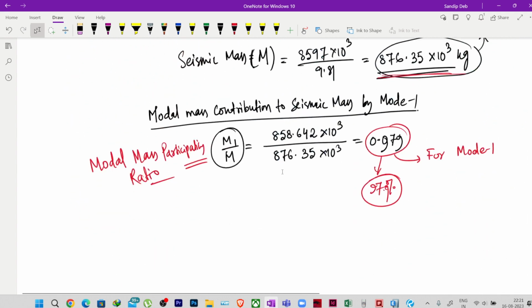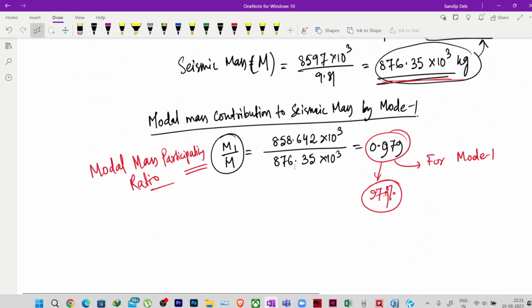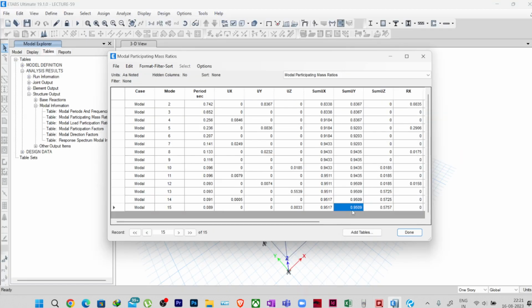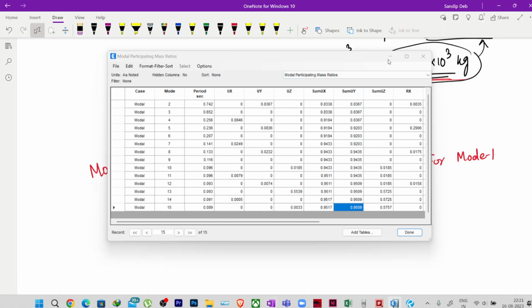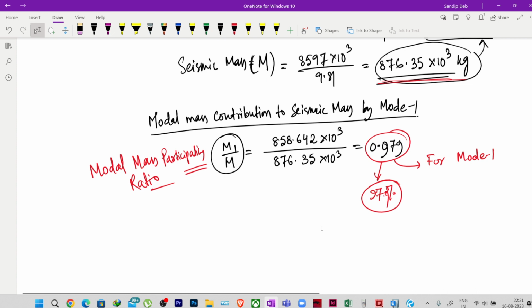Okay, so if you add all the participating ratios for each direction, you will see that finally you will get 100% of mass, or here 95% of mass is participated. If you increase the mode number in this case, it will increase, up to 100% also. So that means the total seismic mass vibrated in all the modes.